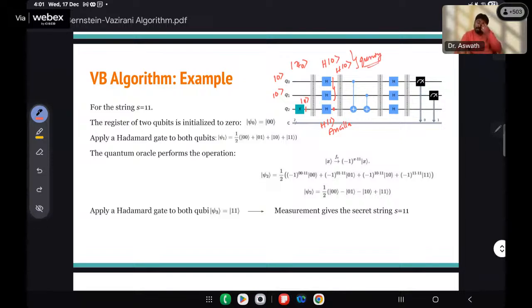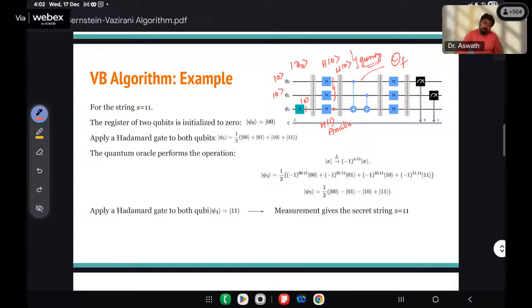Now the oracle function is two controlled-NOT gates. The two controlled-NOT gates help me impart the information from the top to the bottom.